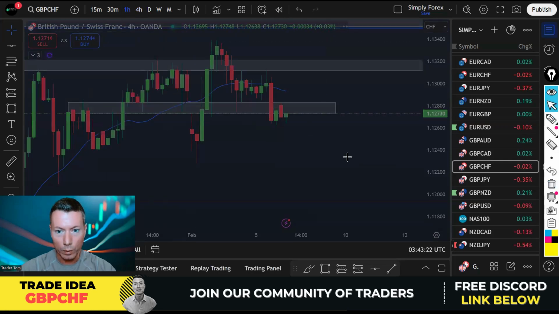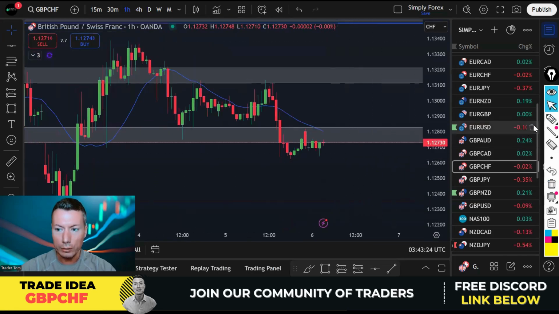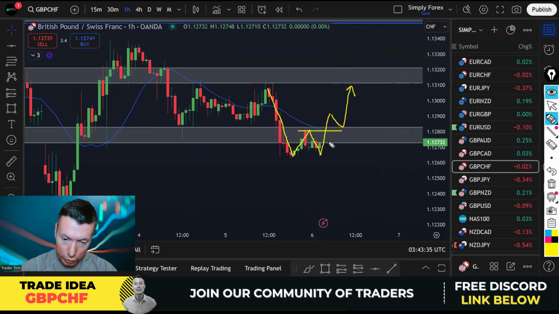If we look at the H1, that would also be a structure break. Price is coming down. If we get a break of this level, retest, we're with H1 structure, not with H4 structure, but I would be willing to take this trade from here.